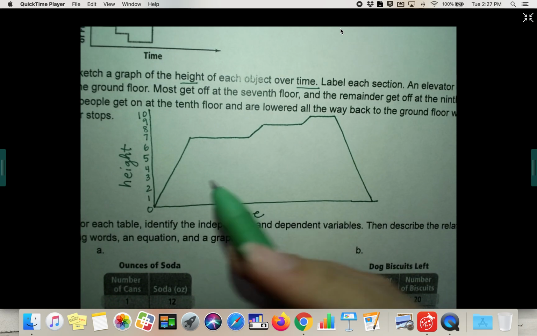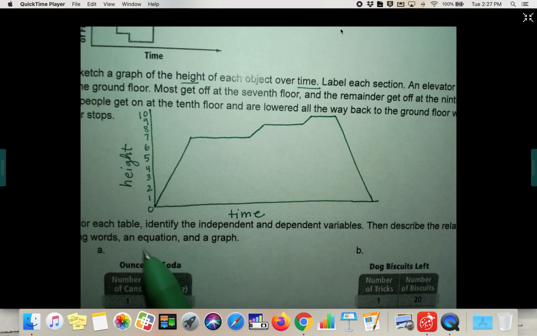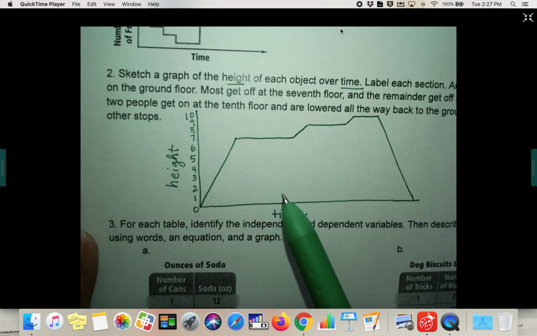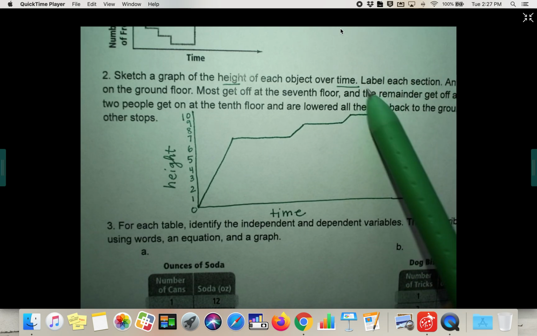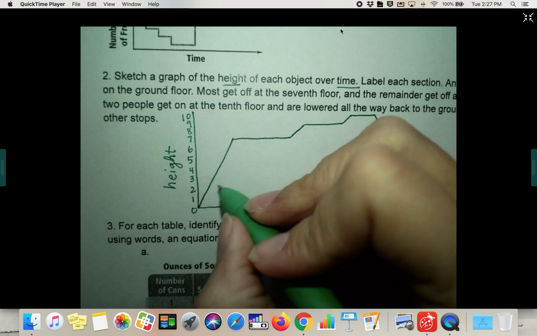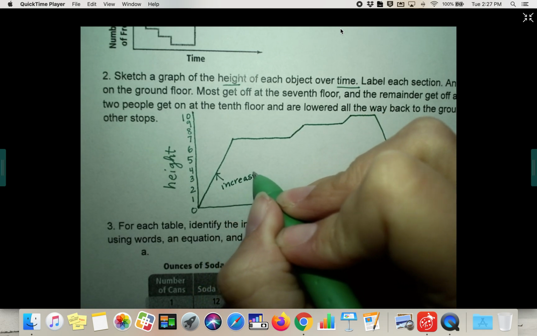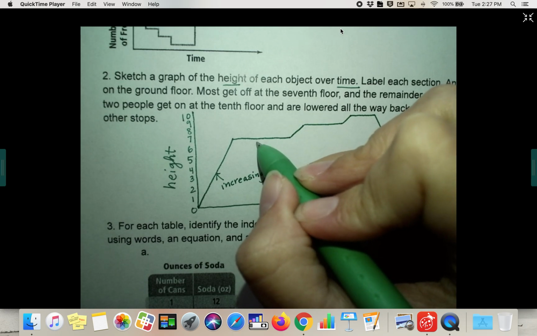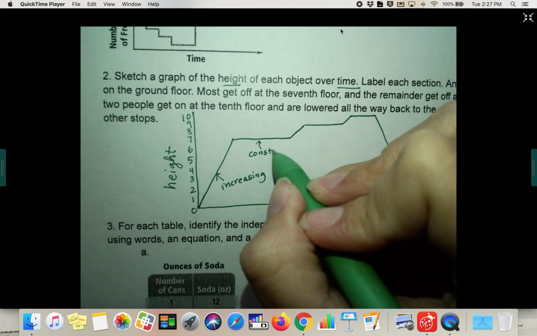All right, so this would be my graph over time of height of the elevator over a period of time. The part that says label each section, that basically is just that right here we know that it is increasing, height is increasing. Here, when it paused, it stayed constant.